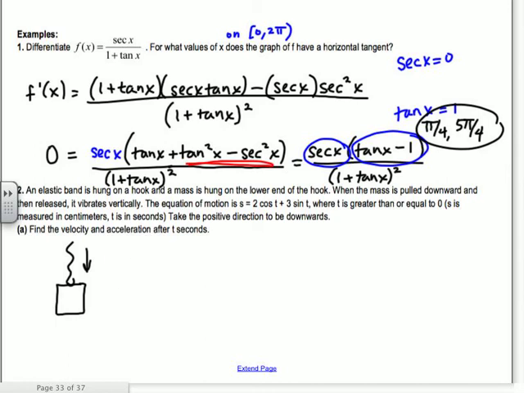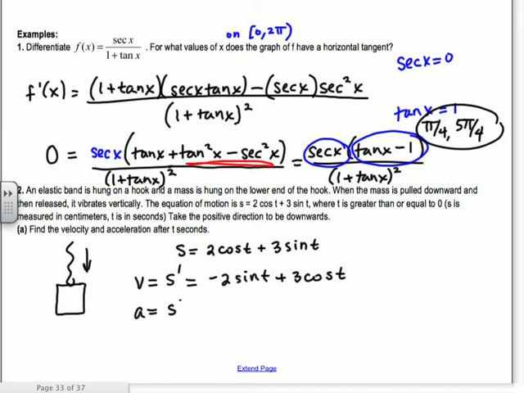Find the velocity and acceleration after 2 seconds. So how do we find velocity again? How's it related to position? S prime, right? So S prime is going to be velocity. The derivative of cosine is negative sine, so it's negative 2 sine of t plus 3 cosine of t.